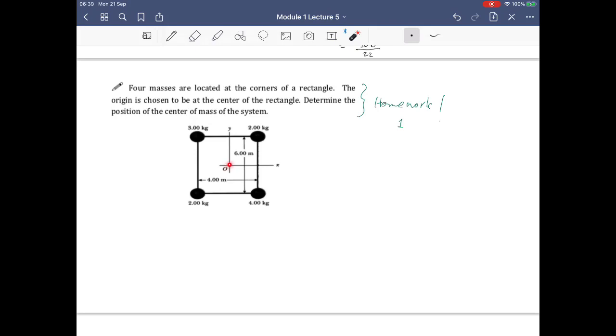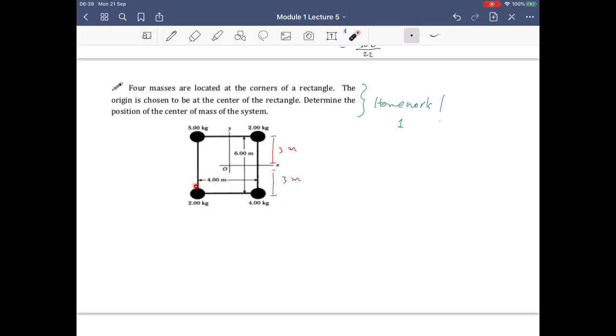So you see this is the origin. This mass is at y equals 3, because the whole thing, the difference, is 6 meters, and because the origin is at the center, here is just 3 meters, as well as down here 3 meters.